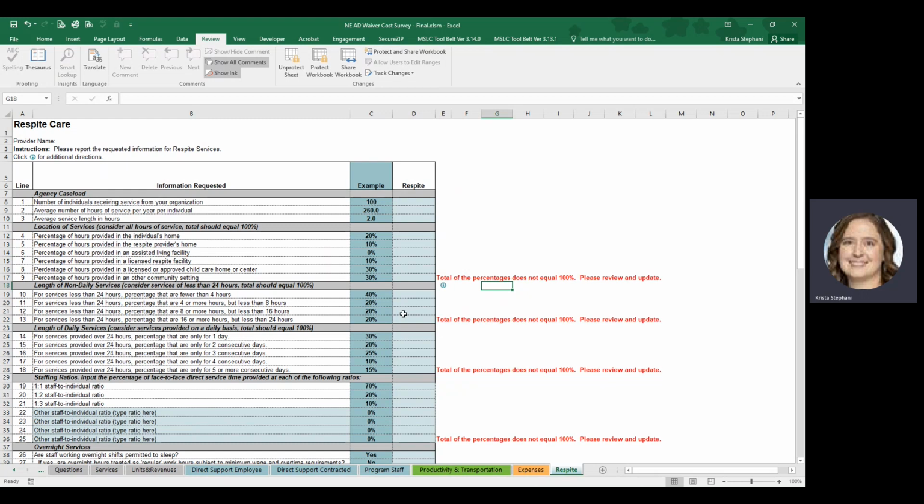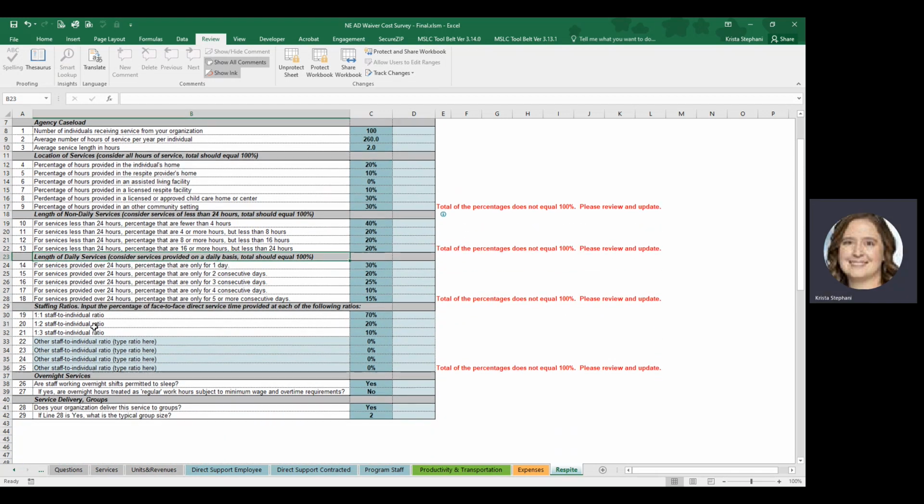So what percentage of your services that are provided less than a daily basis are fewer than 4 hours, that are 4 hours but fewer than 8 hours, 8 hours but less than 16 hours, or 16 or more hours but less than 24. Again, we would like these percentages to equal 100 so that this message goes away. If you do not provide any respite services that are less than 24 hours, then you do not need to complete these questions.